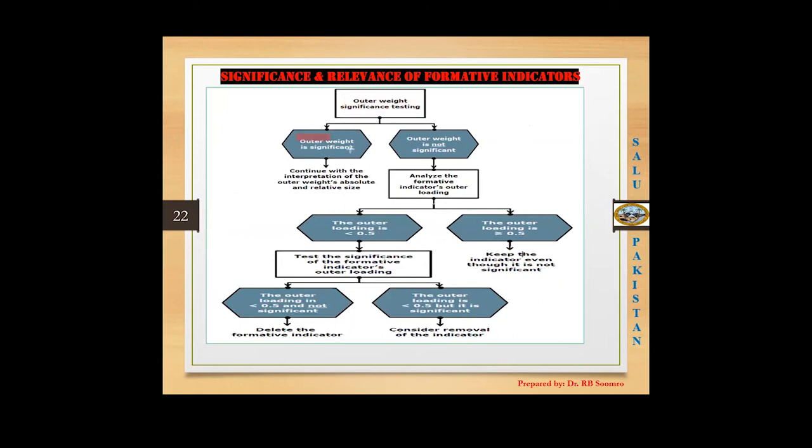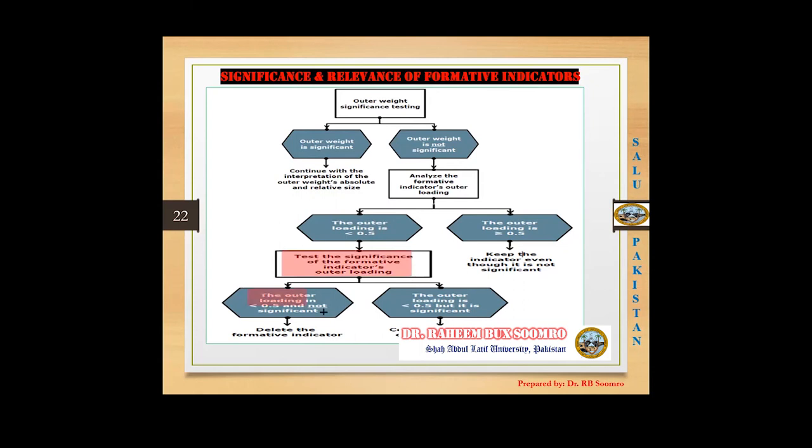Another guideline is the outer weight significance testing. If the outer weight is significant, then continue with the interpretation and go ahead. But if the outer weight is not significant, then what to do? Analyze the formative indicators' outer loading. If the outer loading is less than 0.5, test the significance of the formative indicator's outer loading.